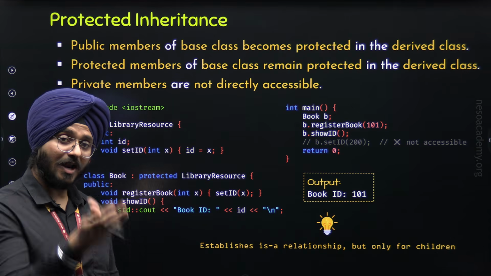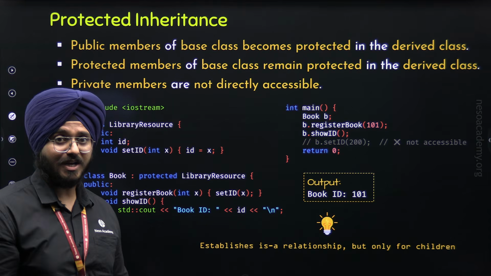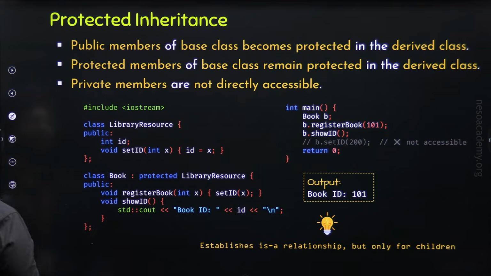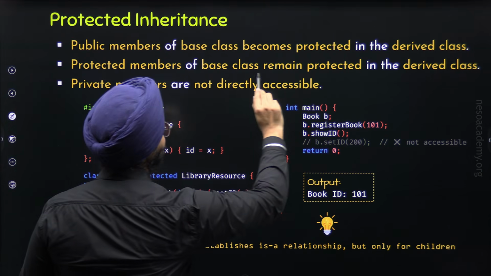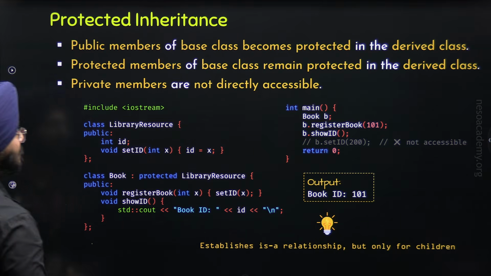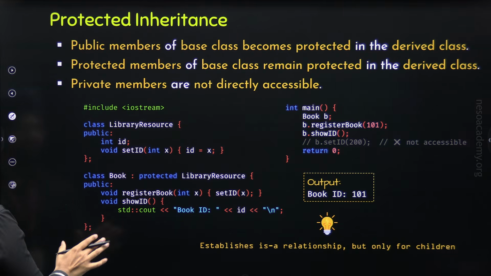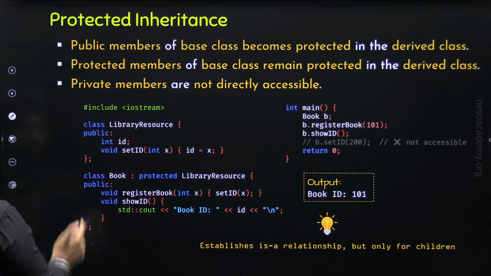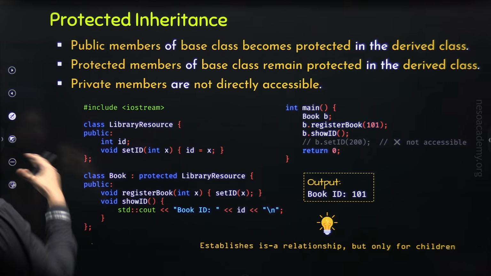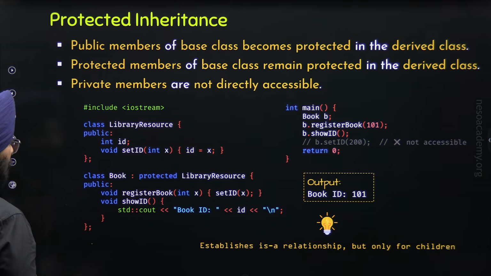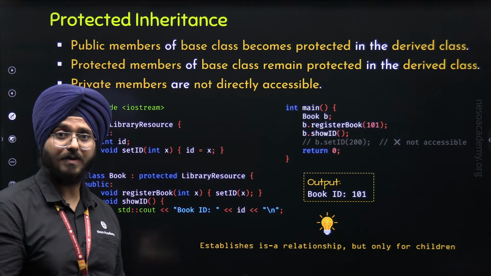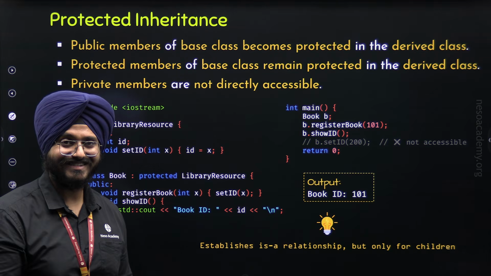This is because protected members remain protected in the derived class. This is what we can see over here. Protected members of the base class remain protected in the derived class. For the Magazine class, the base class is the Book class. In the Book class, we have these protected members. These protected members remain protected members in the Magazine class also. Therefore, the Magazine class would be able to access the members.